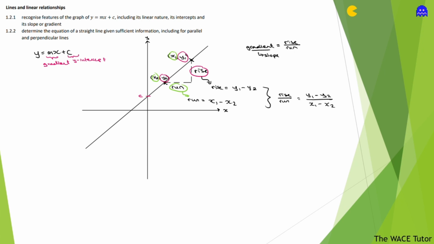The important features here are that this y1 is on the left-hand side of the difference, and this y2 is on the right-hand side, and similarly this x1 is on the left-hand side, and the x2 is on the right-hand side. So these are the set of coordinates of the second point, these are the set of coordinates of the first point. We can also equally write this as y2 take y1 over x2 take x1. The only important thing is that we match up the coordinates in this way.